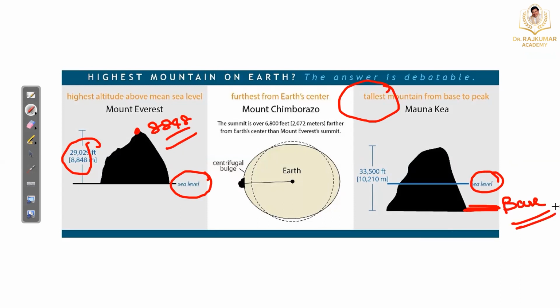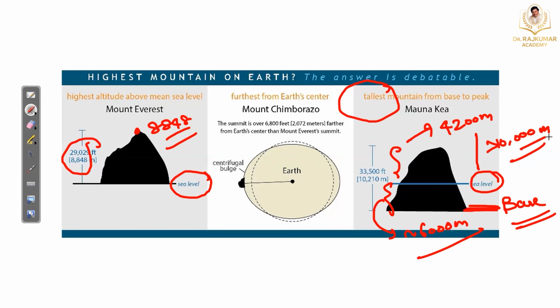And this base is located on the floor of the Pacific Ocean. What lies above mean sea level is around 4,200 meters, and what lies below is nearly 6,000 meters. So the height is more than 10,000 meters. That's the reason I said the tallest mountain is Mauna Kea.